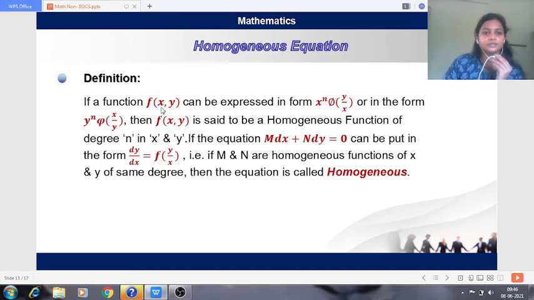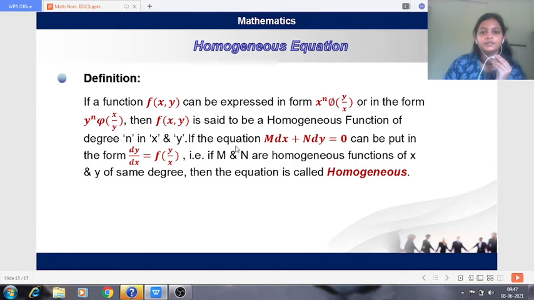If a function f of x, y can be expressed in the form x to the power n phi of y by x, or in the form y to the power n into psi of x by y, then f of x, y is said to be a homogeneous function of degree n in x and y. That is, x and y are of the same degree.